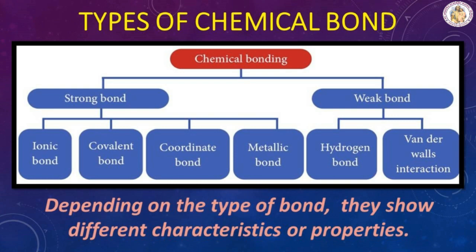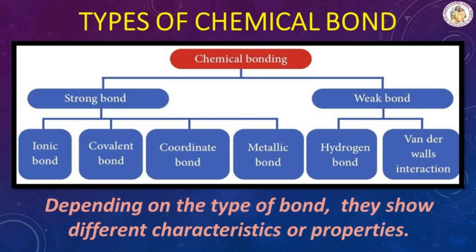Let's see the types of chemical bond. Chemical bonds are classified into two types, that is strong bond and weak bond. The strong bonds are classified into ionic bond, covalent bond, coordinate bond, metallic bond. The weak bonds are classified into hydrogen bond, van der Waals interaction.